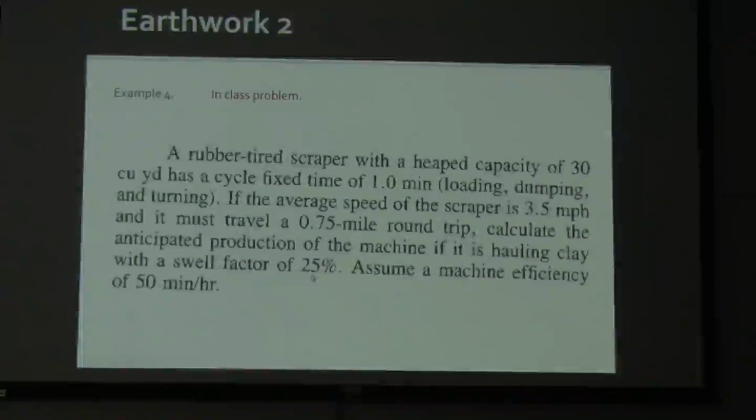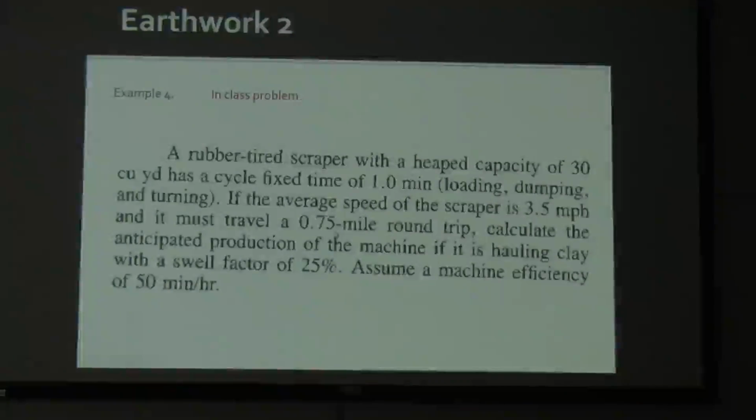The shrinkage factor would be 1 over 1 plus 25 over 100, or 1 over 1.25. So that would be our shrinkage factor. Assume a machine efficiency of 50. So to calculate our production, we have 50, and we calculate 1 over 1.25.